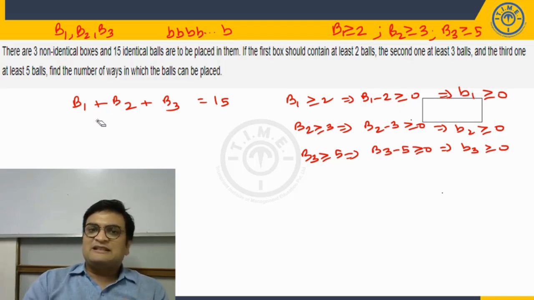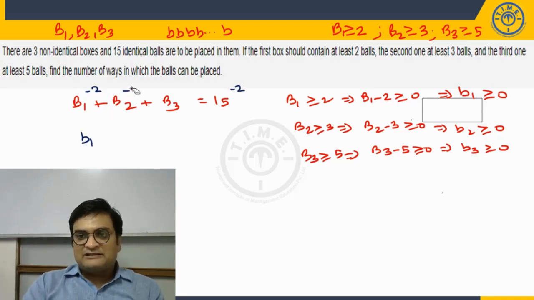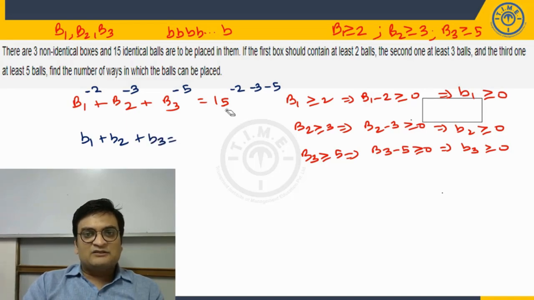Now let's try to convert this equation, which is in capital B1, B2, B3, into small b1, b2, b3. The way we do it is simple. You subtract 2 on both sides. You get B1 minus 2, which is small b1. Subtract 3 on both sides. You get small b2. Subtract 5 on both sides. You get small b3. This will be equal to 15 minus 10, which is 5.